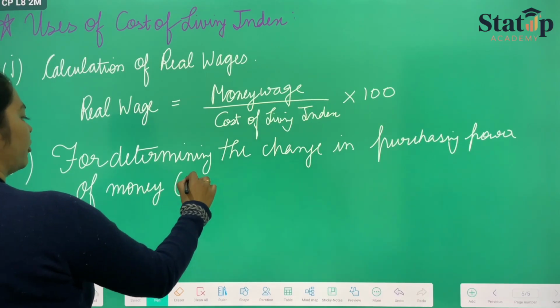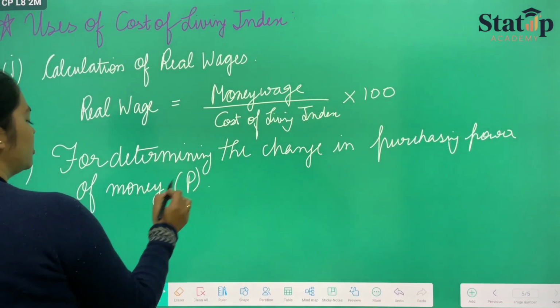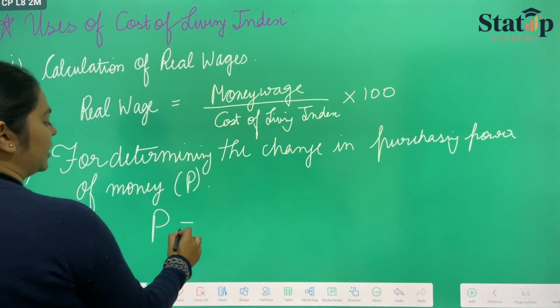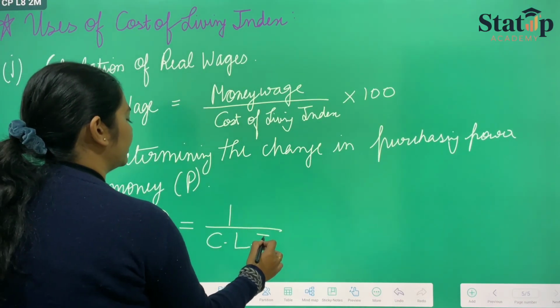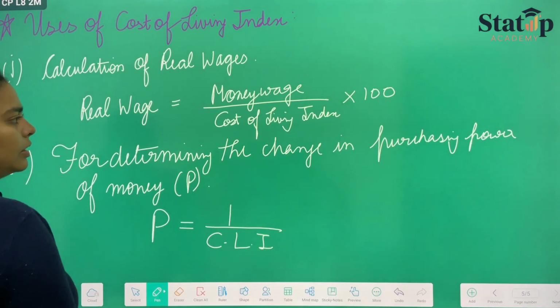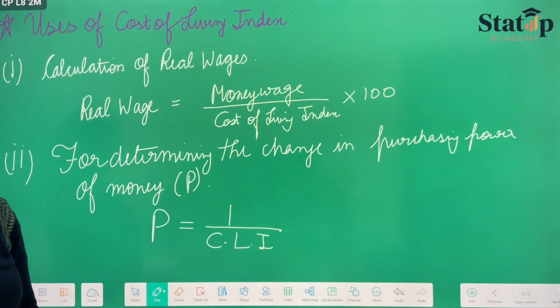Now purchasing power of money, I'm writing it as capital P. So we can write purchasing power of money is nothing but 1 upon cost of living index. I'm writing it in short form. Okay, these are the two uses. One more you can write.